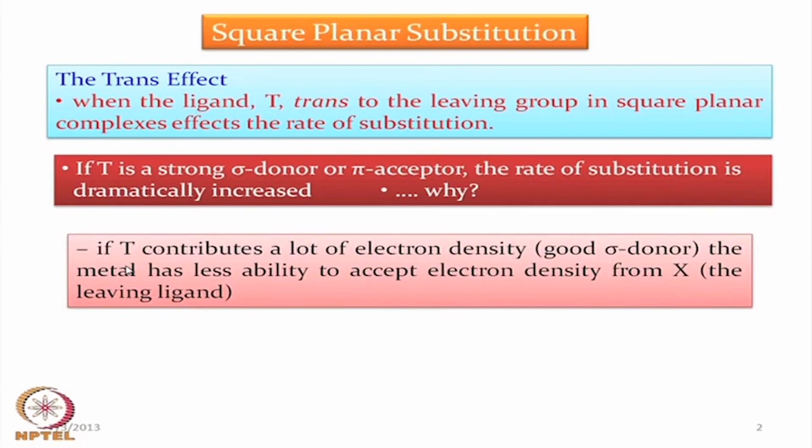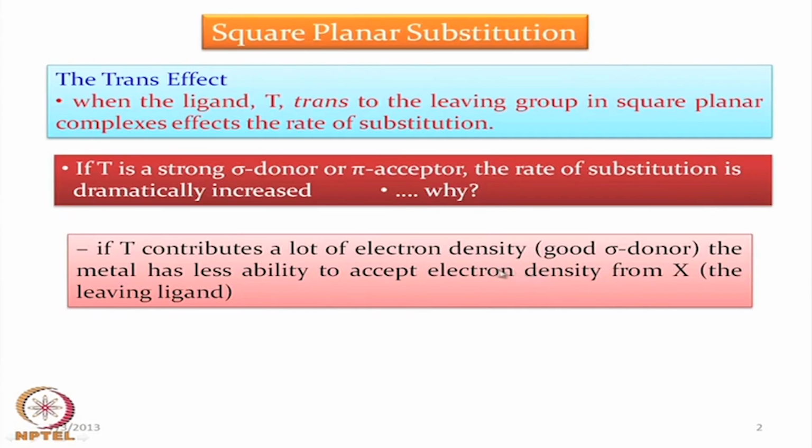Now, if this T ligand is contributing a lot of electron density to the metal center, it is a good sigma donor.